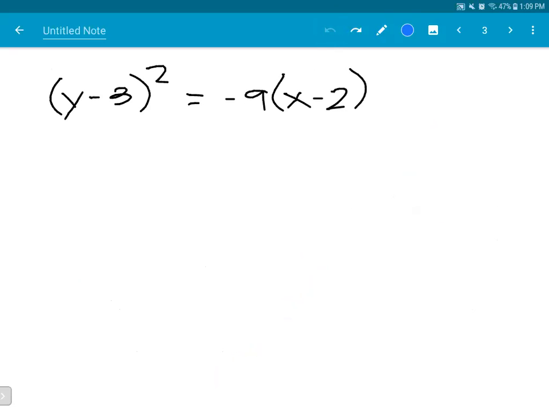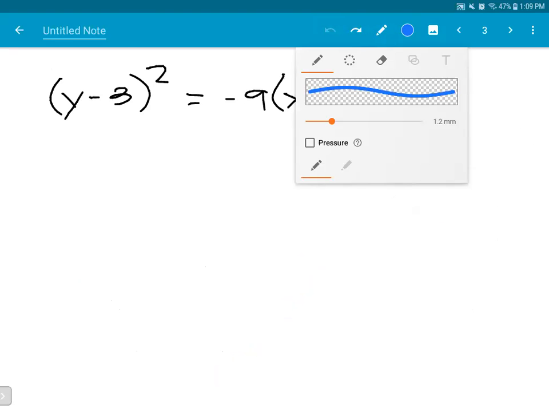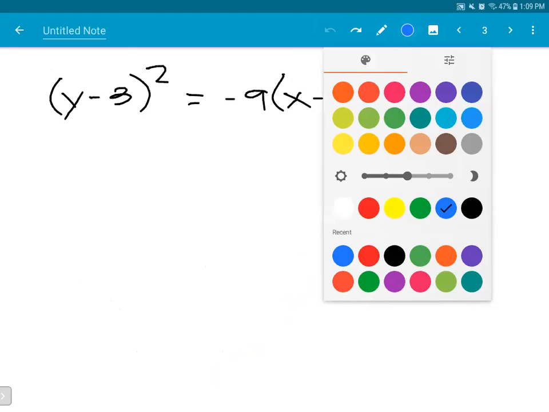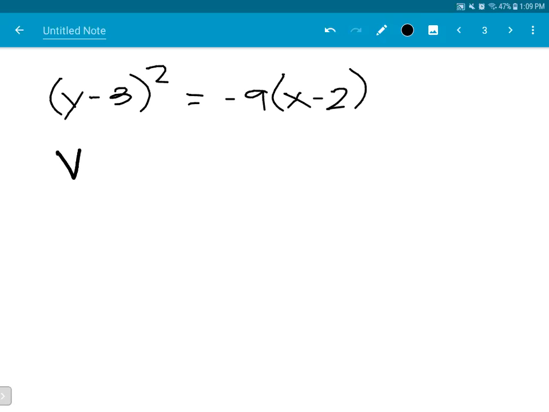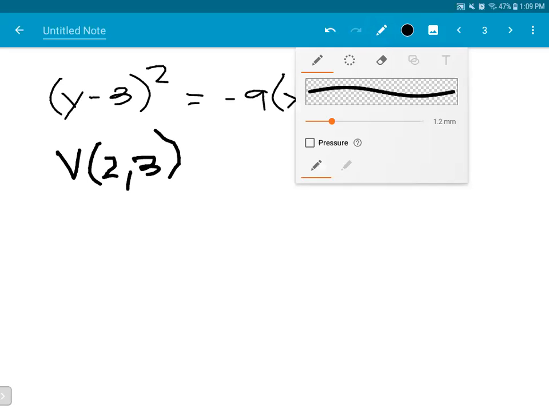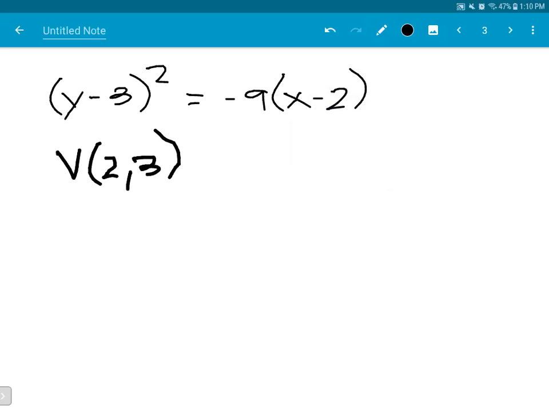So again, suppose it's not yet given in standard form, then you have to convert it first into standard form. And once you have the standard form, find the vertex and locate it on the Cartesian plane. So it's at (2, 3). Be careful, x coordinate first before y coordinate.